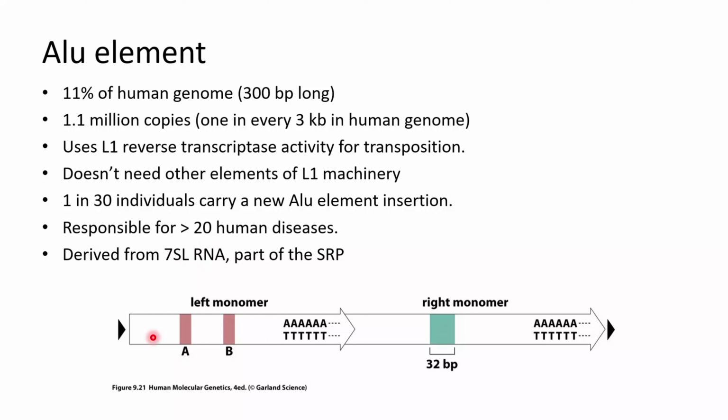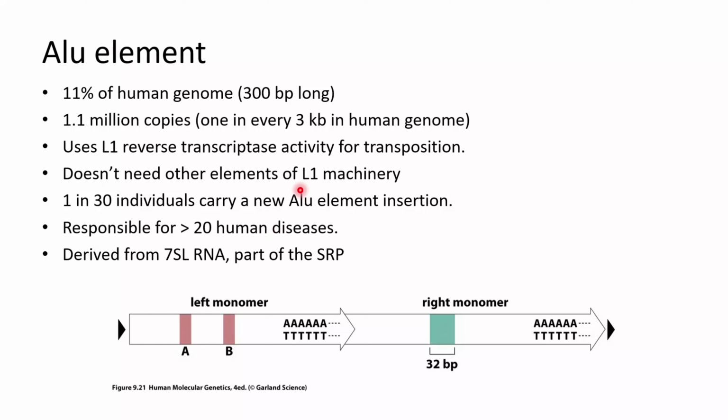Unrelated to the course, just some evolutionary biology kind of piece. What we're more interested in is the fact that for this ALU element, there are 1.1 million copies in the genome. So every 3 kb, 3,000 bases in the human genome, we have an ALU element. And this ALU element is the cause of more than 20 human diseases.